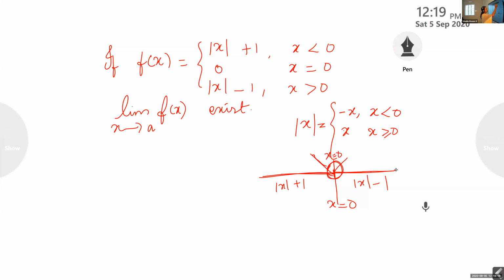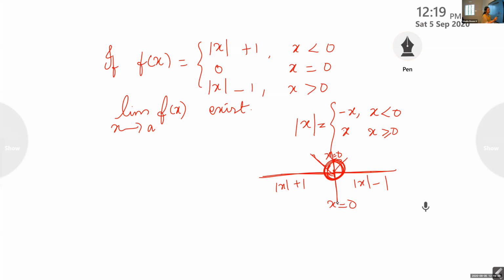So whenever a function is split, you check the split point. At this point, whether the limit exists. Is it clear? We want to find whether the limit as x tends to 0 exists.